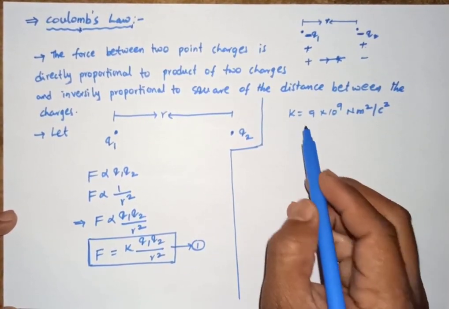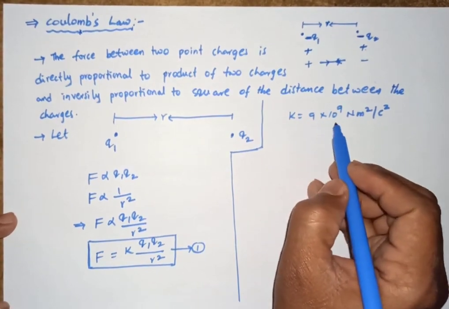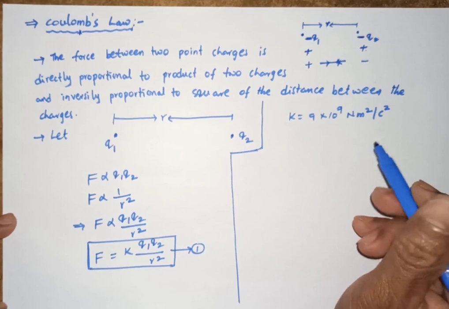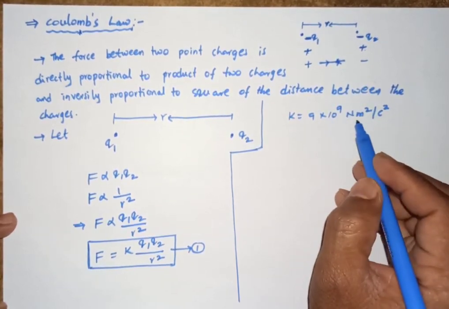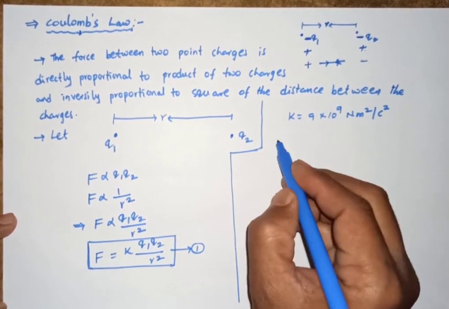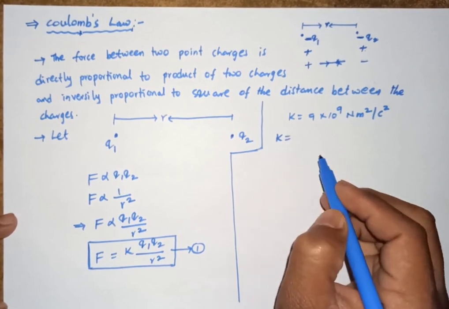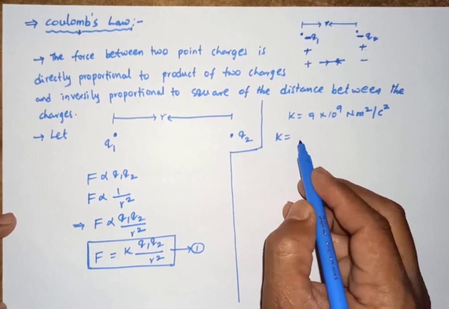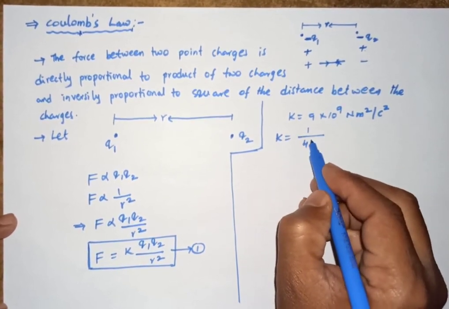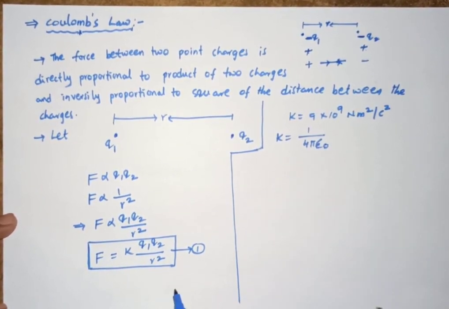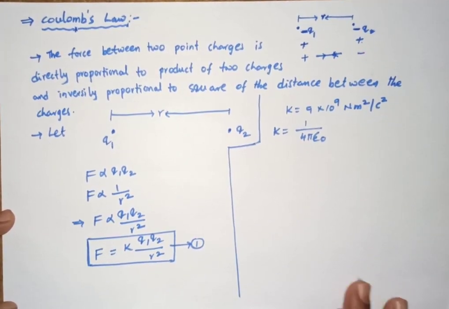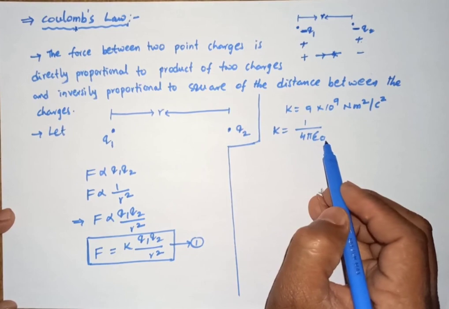It is experimentally proved that in free space k equals 1 by 4 pi epsilon naught.